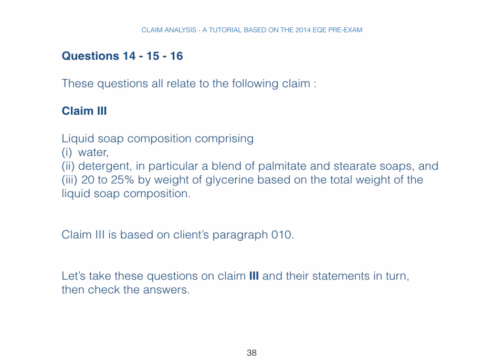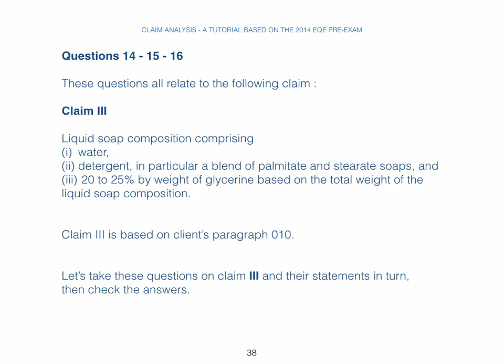Questions 14, 15, and 16 all relate to a new claim, which is Claim 3, which we'll read through together. Claim 3 is a liquid soap composition comprising 1. Water, 2.